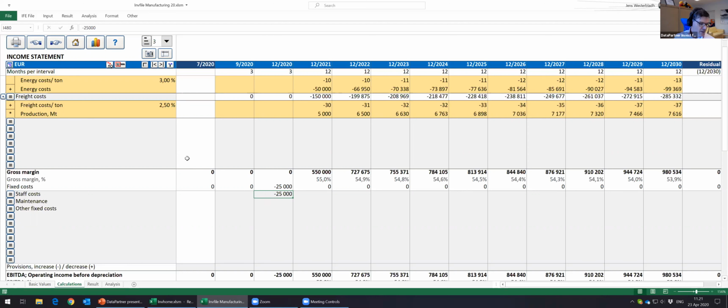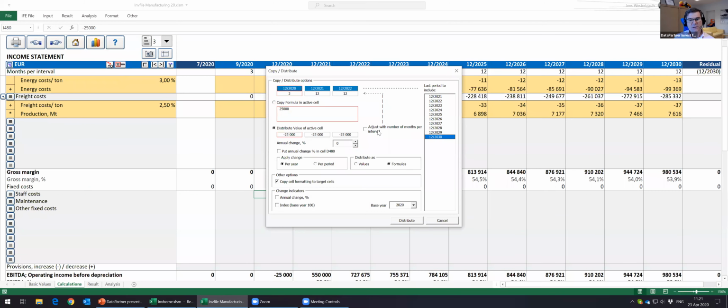So again, it's enough to enter one value and press copy distribute, adjust the number of months because salaries are depending on time. Like that, and then we have some development for salaries, 2.5%.